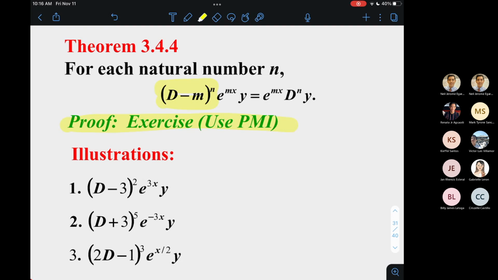Matutunan natin kung paano siya ina-apply sa pagsisimplify ng result pag in-apply natin yung operator na (D - m)^n sa isang function ng itsura ay e^(mx) times y.